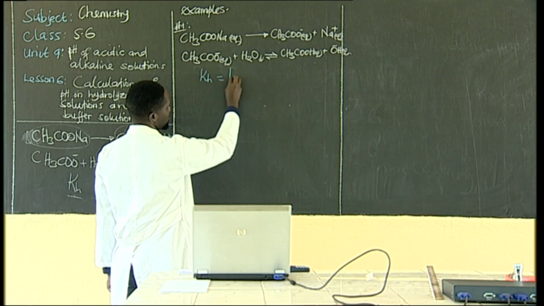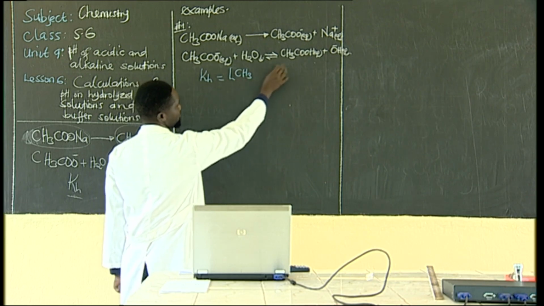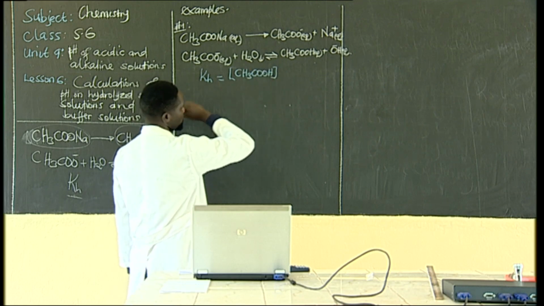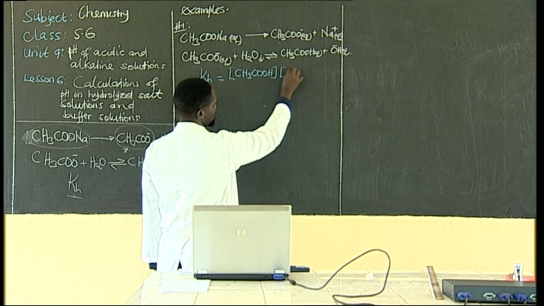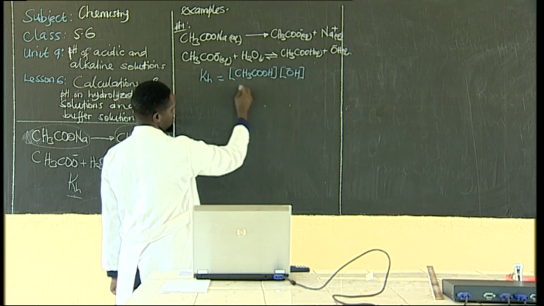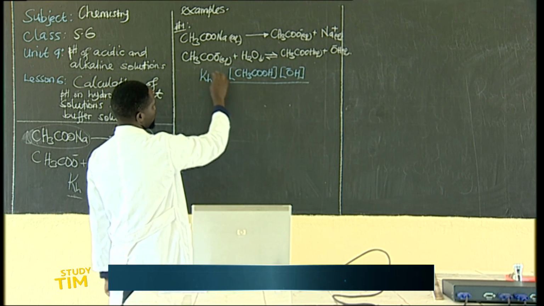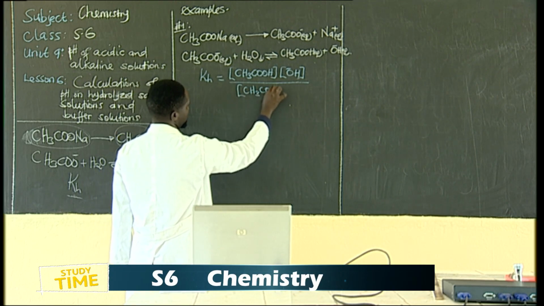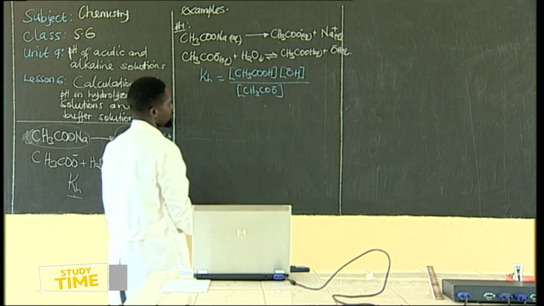So this would be the concentration of un-ionized acid molecule times the concentration of OH. Remember, they are raised to 1, 1, and since it is 1, 1, neglect it, over the concentration of ethanoate ions.